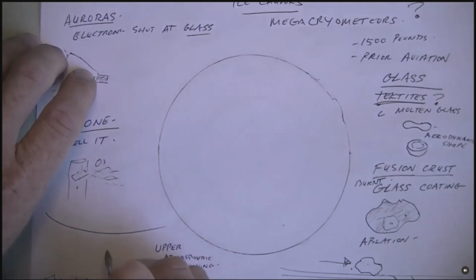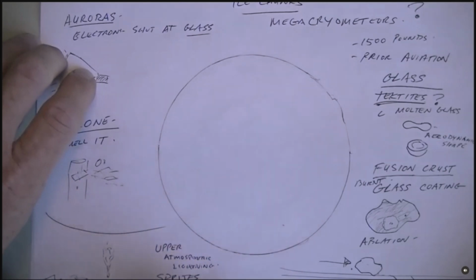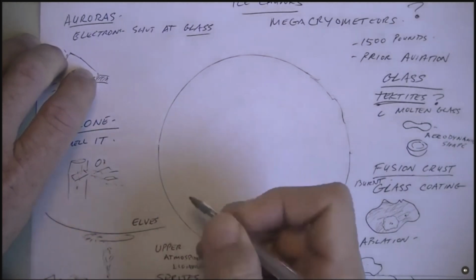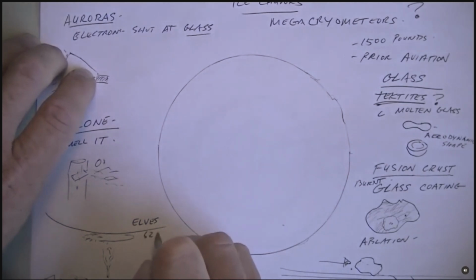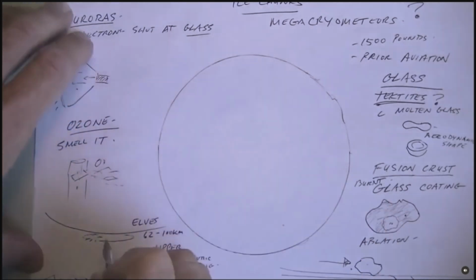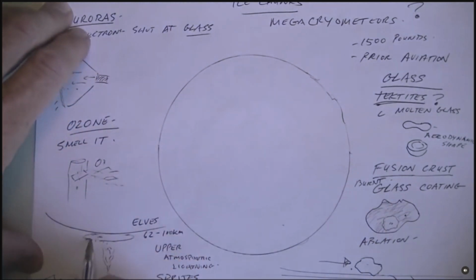It's kind of like a funnel shape here, but it has a top to the sprites. Basically, it gives off a disc-like plasma discharge, and they call those elves. And the altitude of the elves is 62 miles high, or 100 kilometers. That's how we know the height of the glass ceiling.